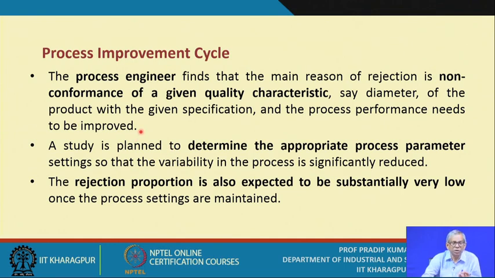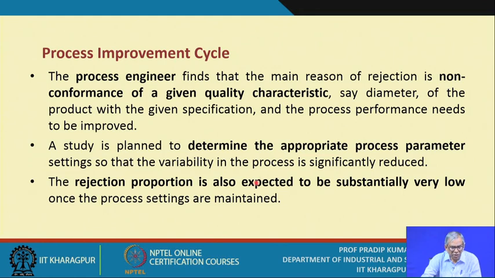Is it okay? So, the exact reason must be known, the exact cause must be known, and here in this case the process engineer can identify the exact quality characteristic where there could be some deviation in its values.